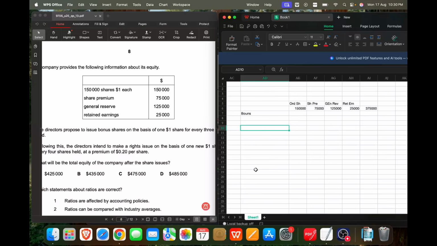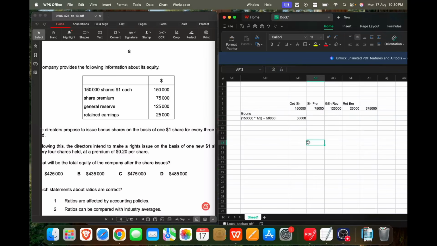So bonus shares would be 150,000 times 1 divided by 3, which gives you 50,000 shares. Each share is $1, so $50,000. So we need to add $50,000 in our ordinary shares.